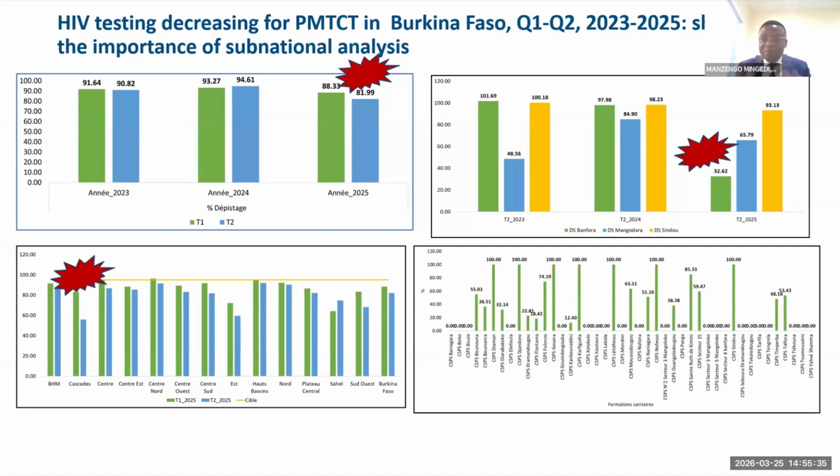Going into Banfora, you can see here with the data from DHIS2 that less than half of the health facilities providing PMTCT have been testing for this period. So the solution was just to focus on this district and solve the problem, and we could increase the performance of testing. Slide, please.